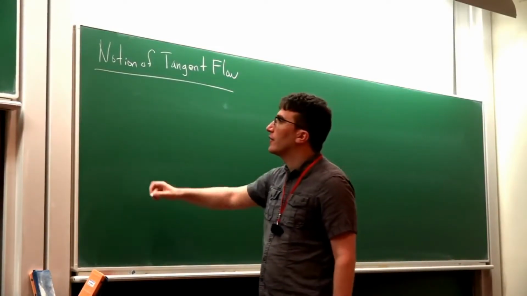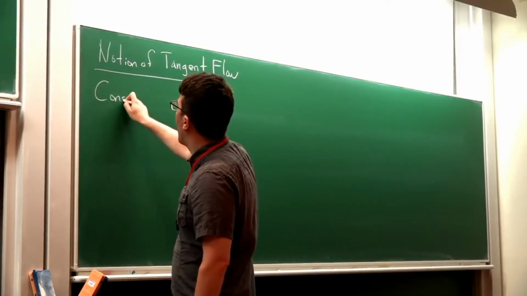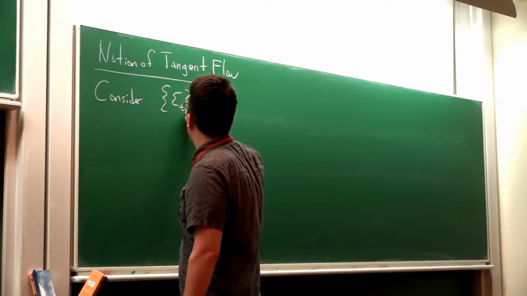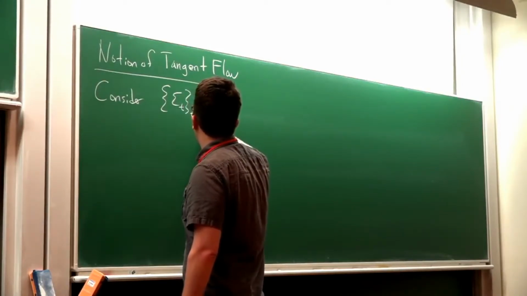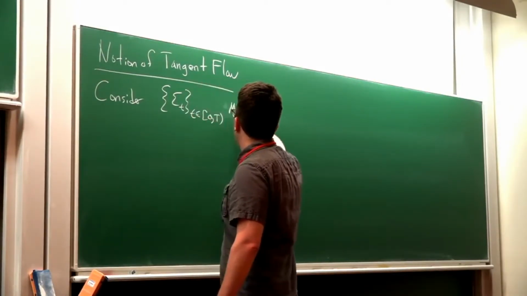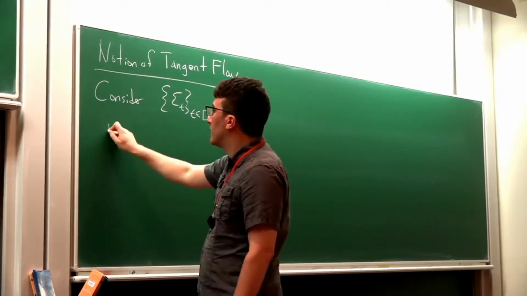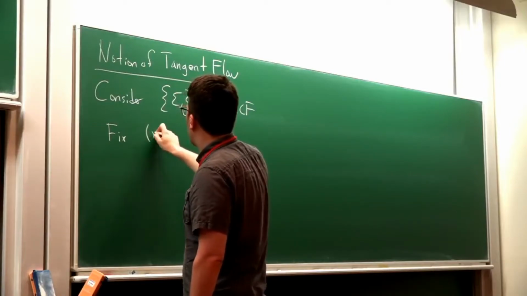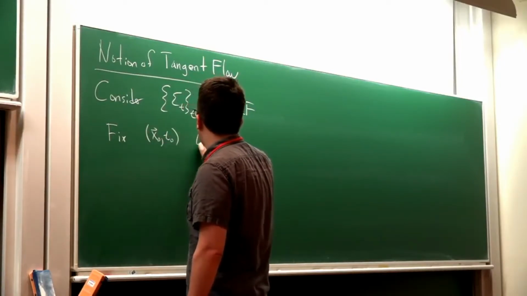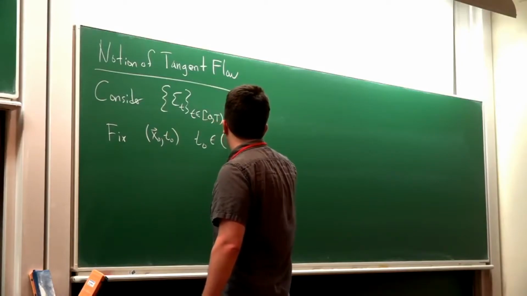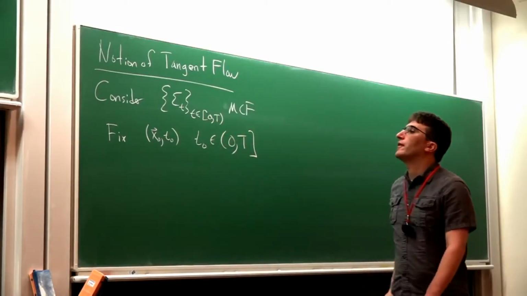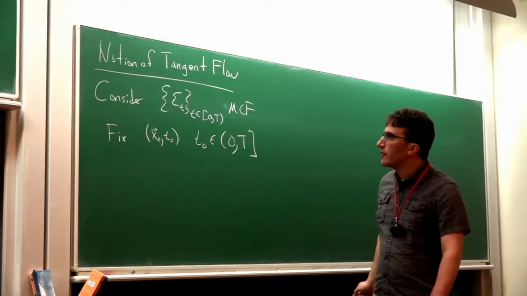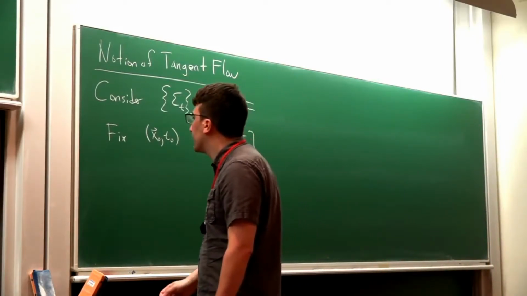So again, let's consider our mean curvature flow, and let's fix a space-time point x naught, t naught, with t naught again positive time, and we allow it to go up to the time where the flow becomes singular.